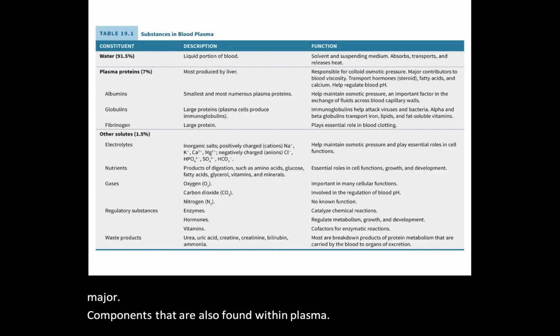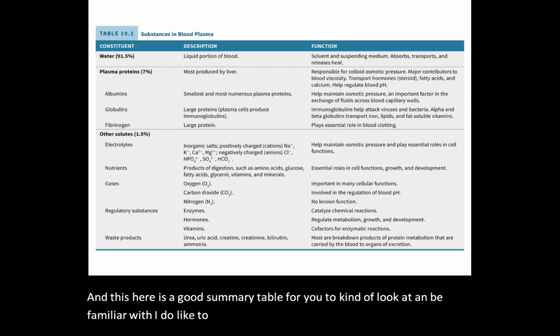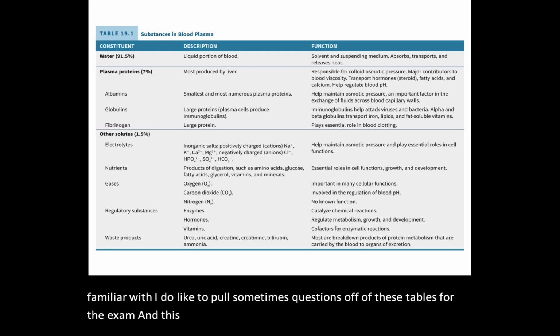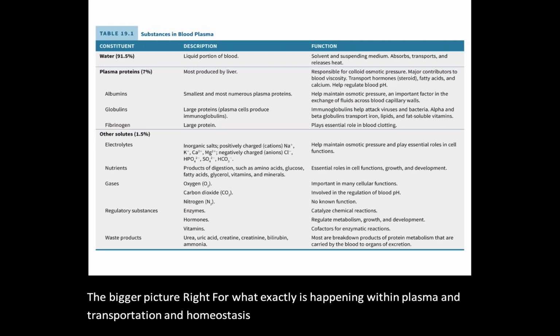And this here is a good summary table for you to kind of look at and be familiar with. I do like to pull sometimes questions off of these tables for the exam, and this just gives you that better grasp of the bigger picture, right, for what exactly is happening within plasma and transportation and homeostasis or regulation of said components.